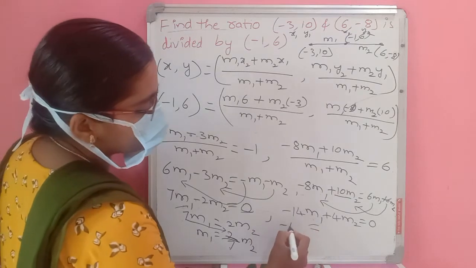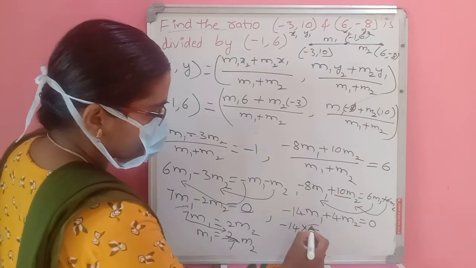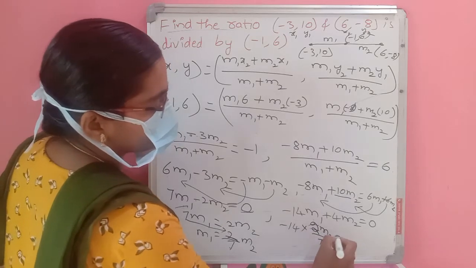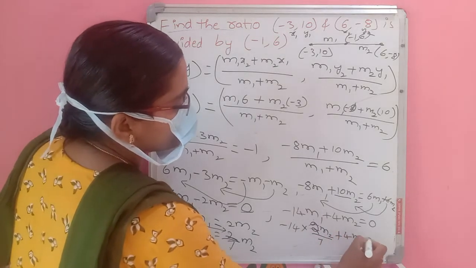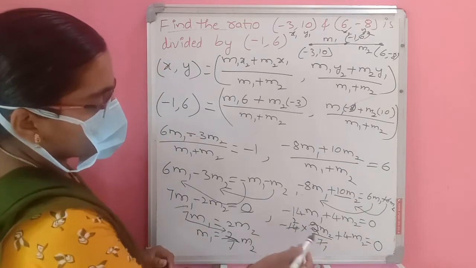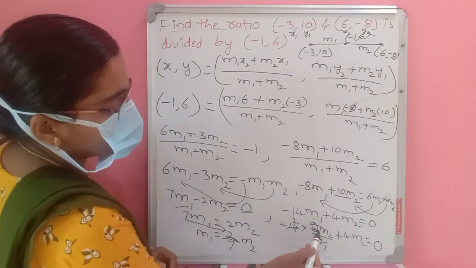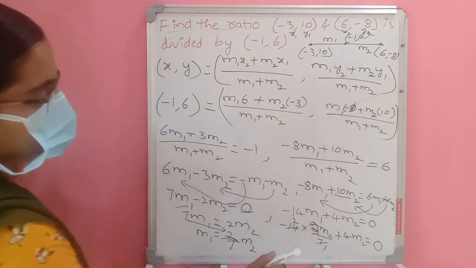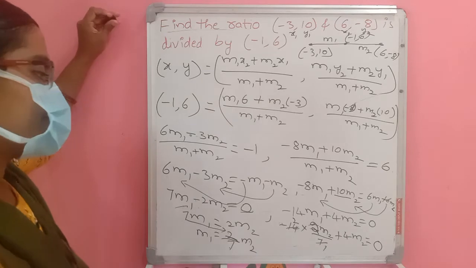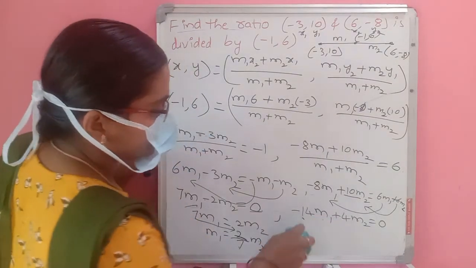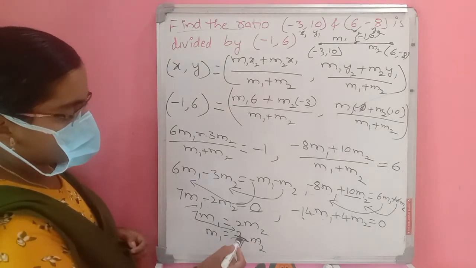Sorry, no need to substitute here. Very simple: m1 is equal to 2 by 7 m2.